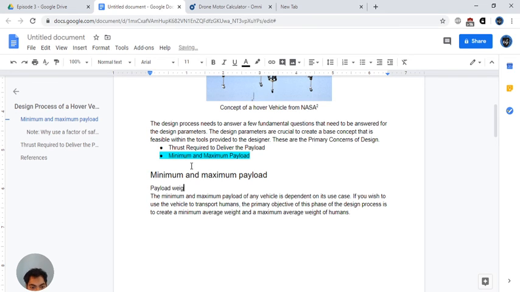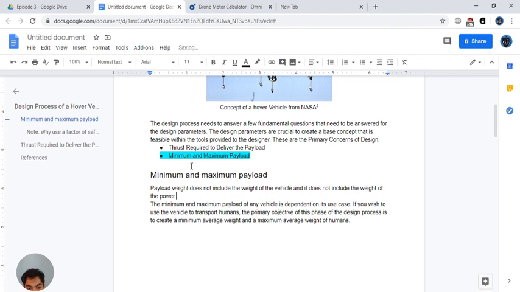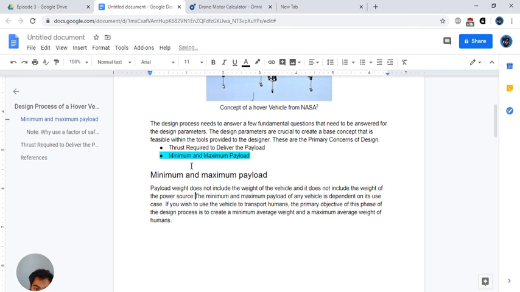Payload weight does not include the weight of the vehicle, and it does not include the weight of the power source. Just includes the weight.